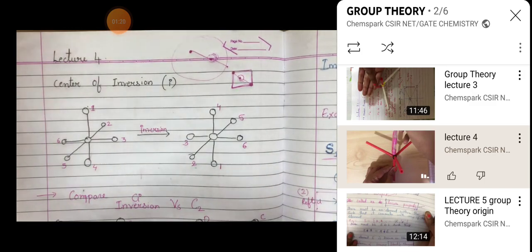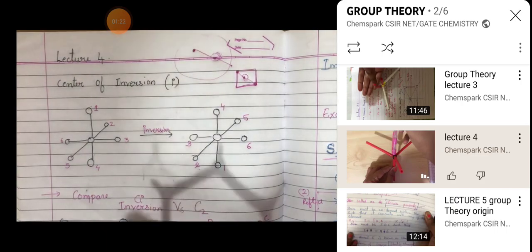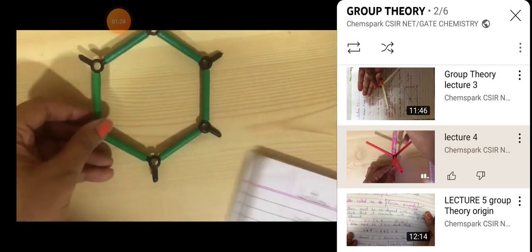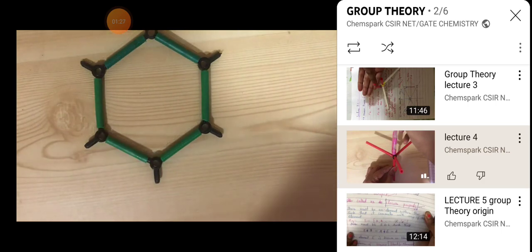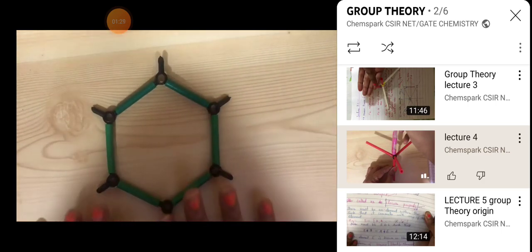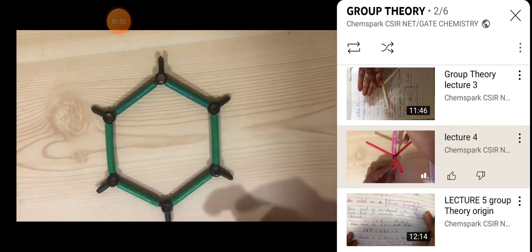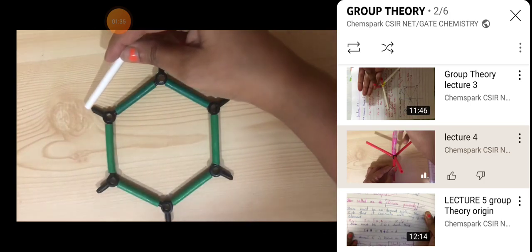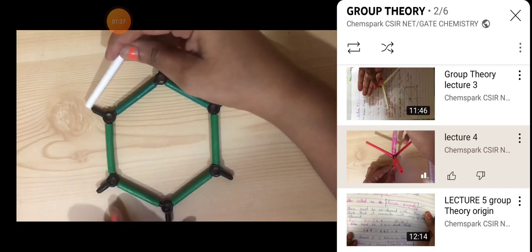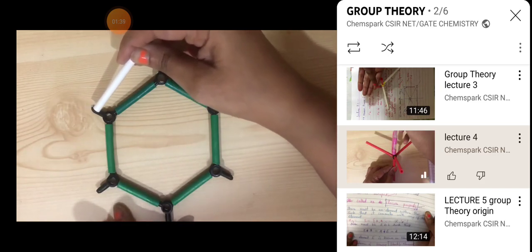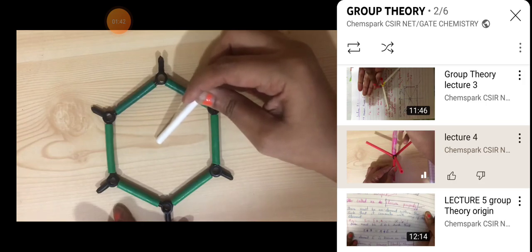Now let me explain with a molecule. Let us consider a basic example of benzene. This is a benzene molecule. If I consider any point, let me consider this hydrogen as the point. If I move towards the center, I reach here.